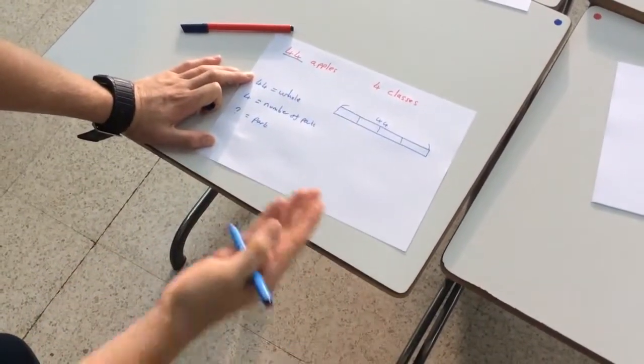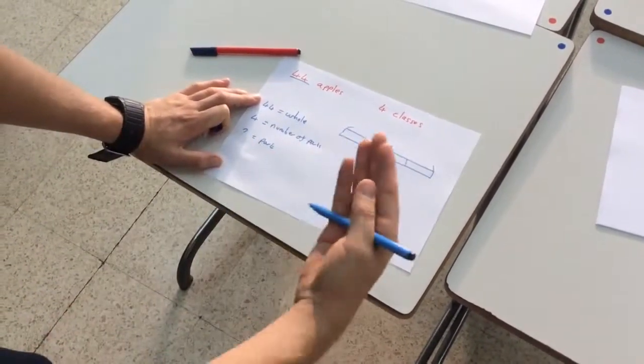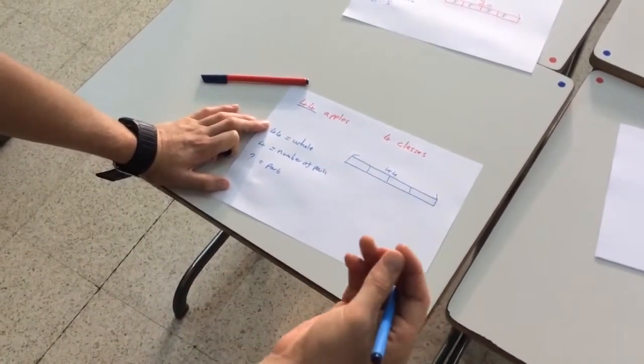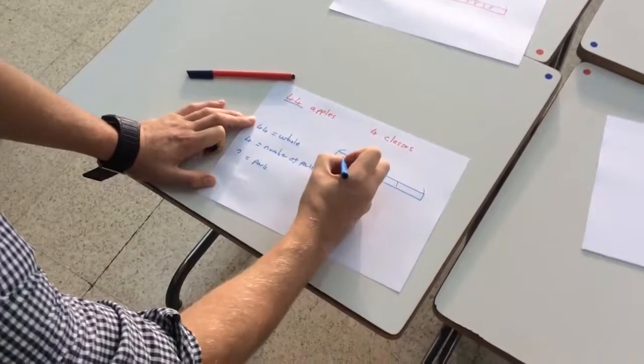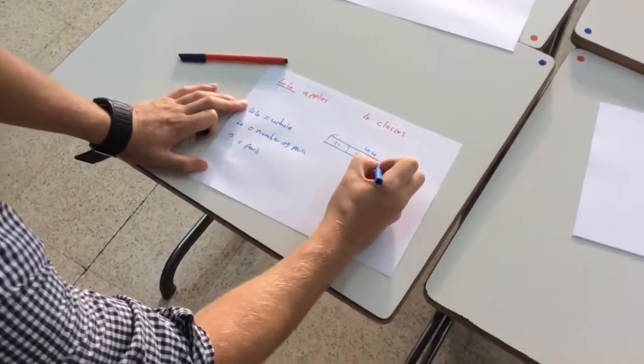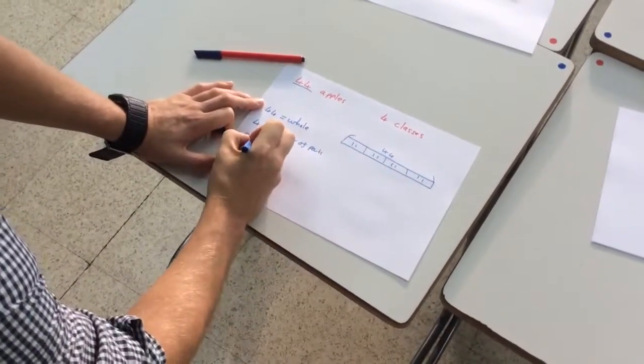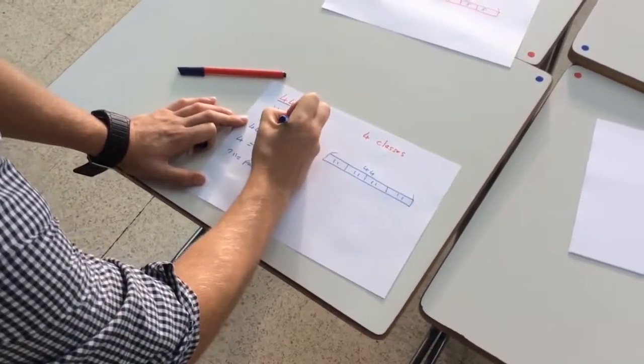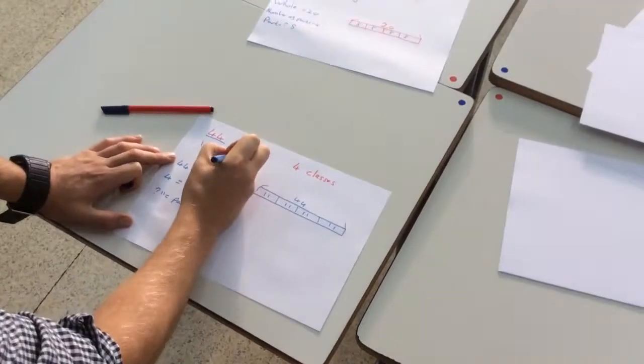Again, if I know my times tables, I know that 4 times 11 is 44, so I know the answer is 11. Or I can half it, 22, and half again to figure out the answer is 11. So one part is 11, and that means that each class gets 11 apples.